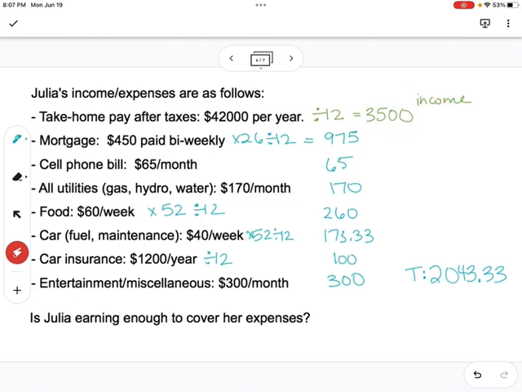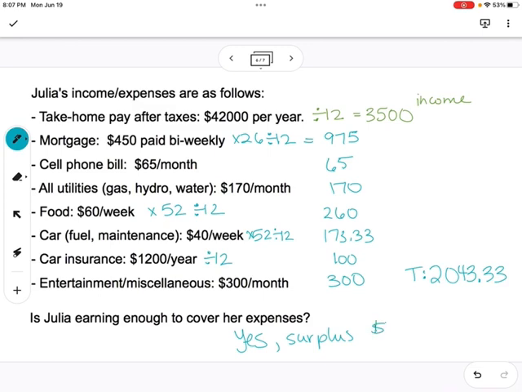So is Julia earning enough to cover her expenses? Yes. And she's going to have a surplus of the 3,500, subtract the 2043.33.